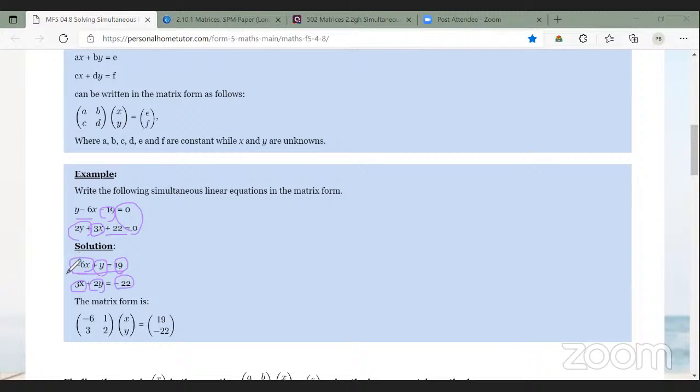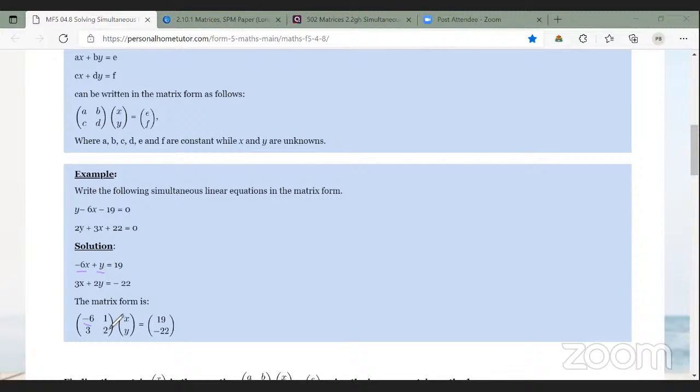So once you have this equation, you can use the format above, and you can write it down. Negative 6, plus y. So because y, when you don't have a digit in front of your unknown, then you already know that the value is 1.